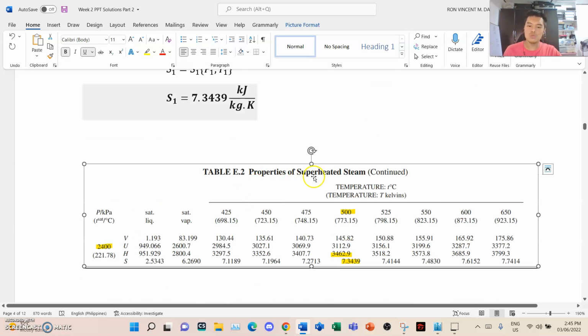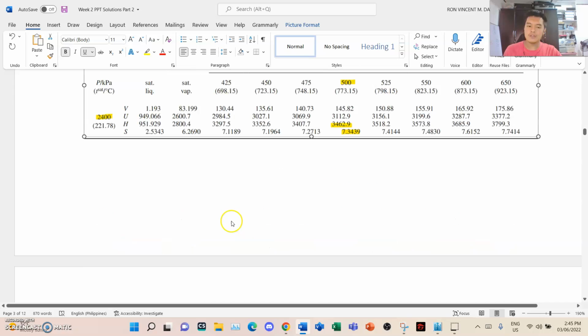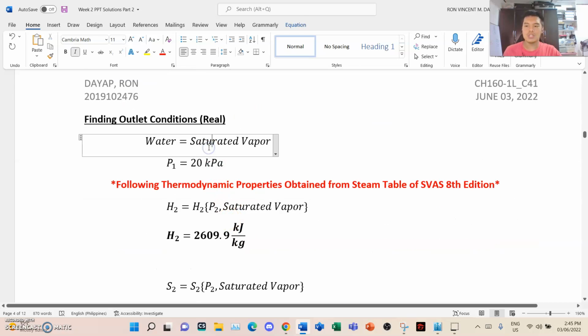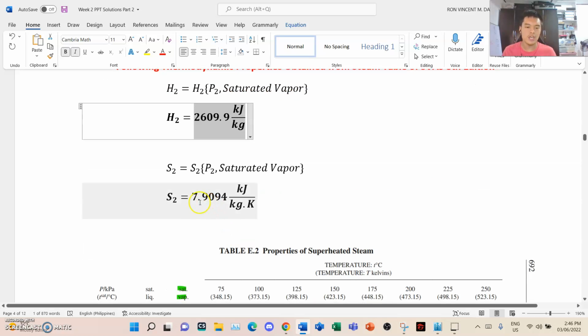This table here is a superheated steam table, but here it's just a saturated steam table. So we need to find the saturated steam properties at 20 kilopascals. Using this, we found that the true outlet enthalpy is 2609.9 kilojoules per kilogram, and the true entropy is 7.9094 kilojoules per kilogram per Kelvin.